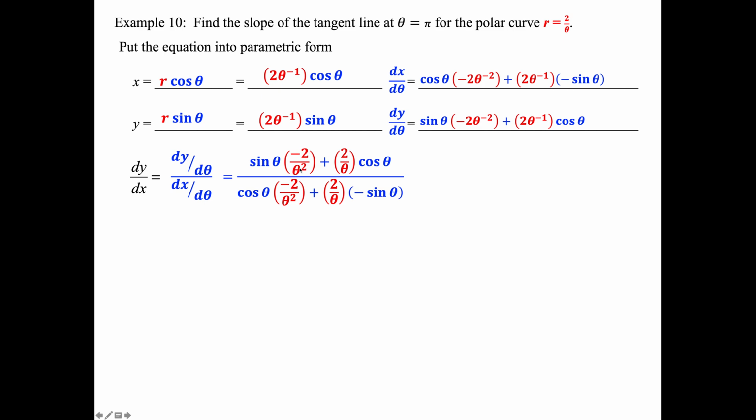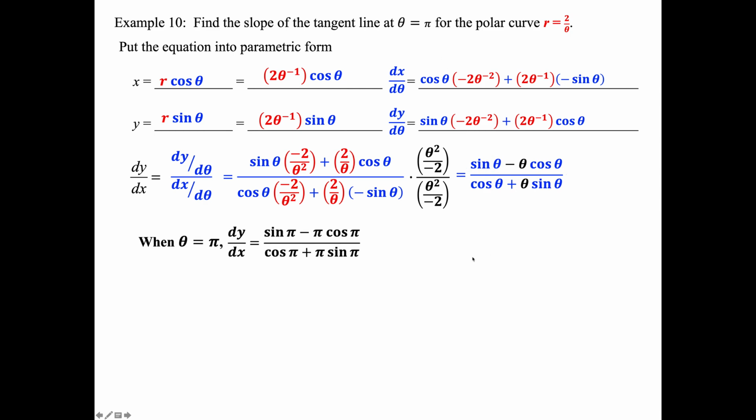So let's multiply by the reciprocal of these two ugly fractions, top and bottom. Cancel, cancel, ooh, cancels. Theta, 2's cancel to just a negative theta in front of both. So a negative theta times a negative sign changes that to a positive theta sine theta. Much better looking for when I now plug in my pi's.